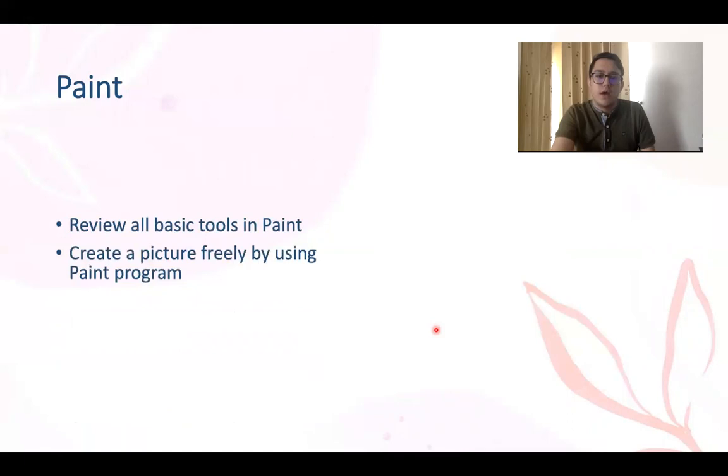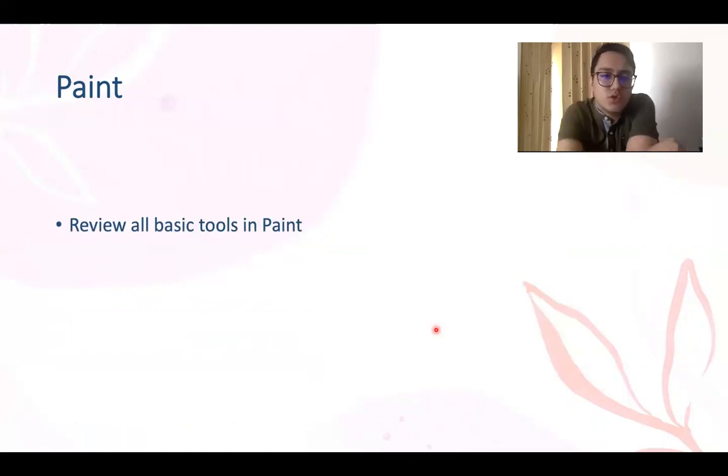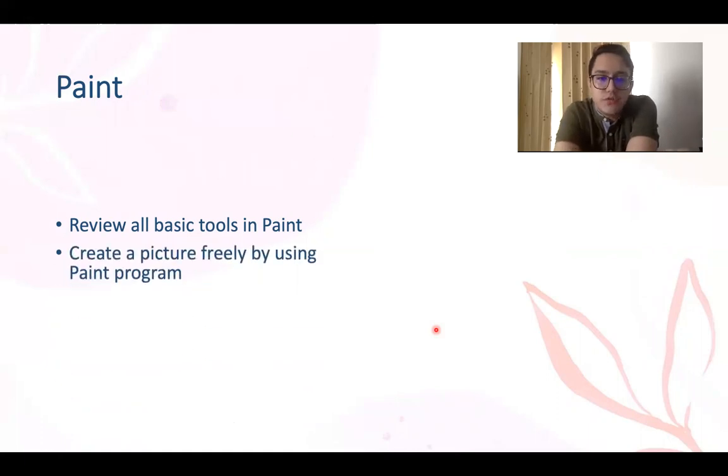So now I want you to review all the basic tools. Create a picture freely by using the Paint program, okay? And finish the picture that you have started. You can add more detail. You can color more.